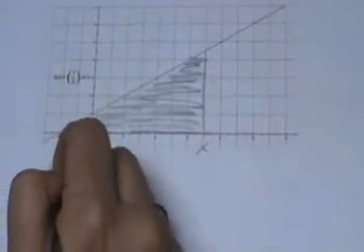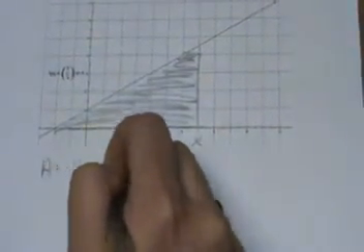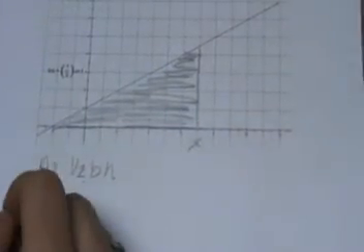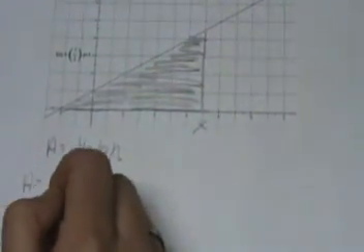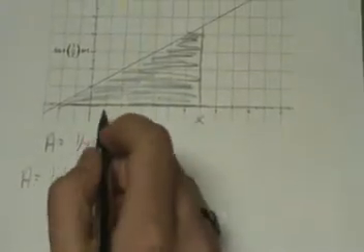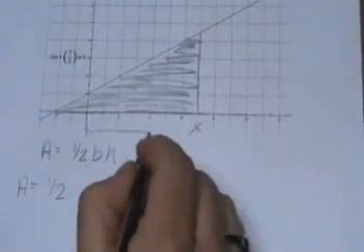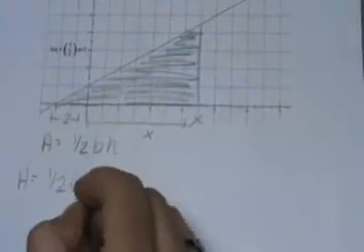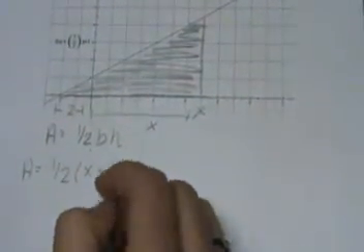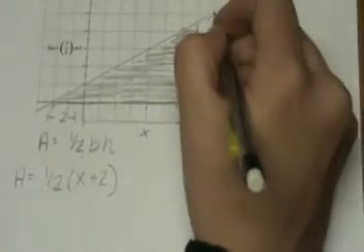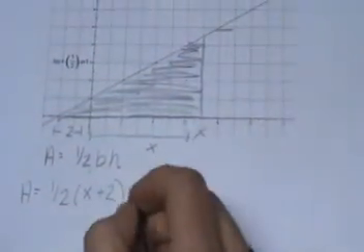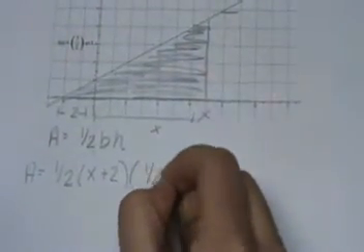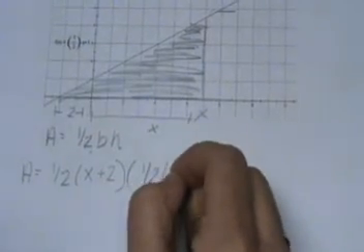That formula would be 1/2 base times the height. So in this problem, the area would equal 1/2. The base number would be x, and then this is 2, so it'd be x plus 2. The height is from here to here, which is the function, so it'd be 1/2 x plus 1.